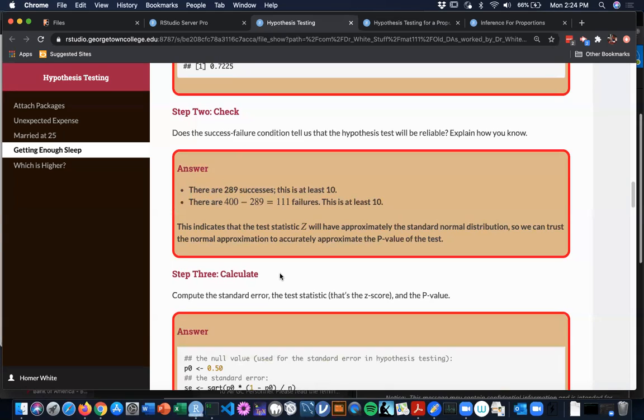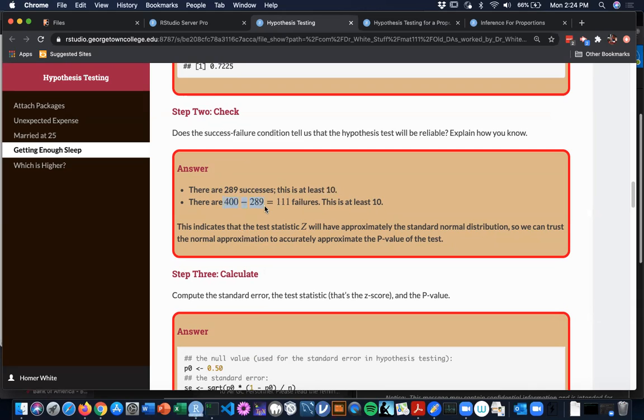For all that to work, for the p-hat to have approximately the normal distribution, remember your sample size needs to be big enough. How big? So big that there's at least 10 of each of the two possible answers in your sample. The no, I don't get enough sleep, the yes, I do. The no, I don't get enough sleep is the successes this time, because we're counting that up. That was 289, so that's at least 10.